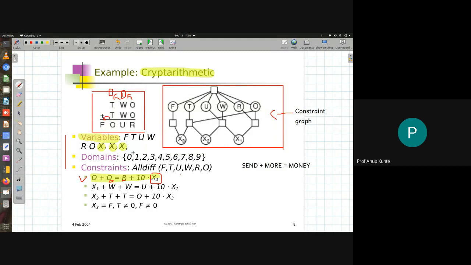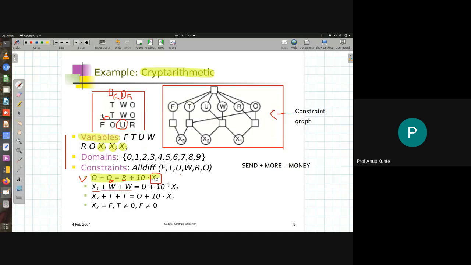Okay. When I go to the second place, the tens digit, and I'm adding W with W, this carry which is brought from the units place, I need to use it, right? So x1 plus W plus W is how these three numbers will look when they are added at this particular place, and it will generate U, again with one carry into 10.